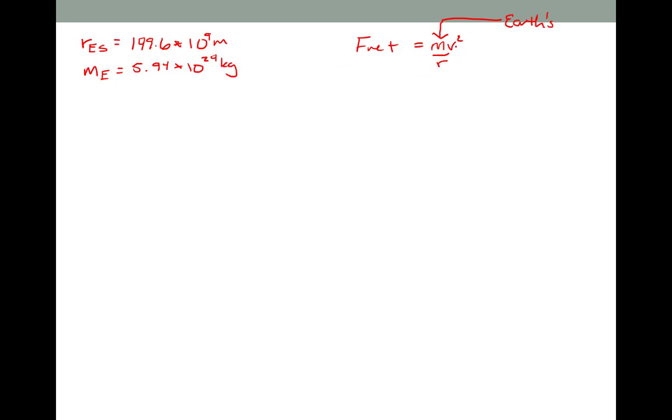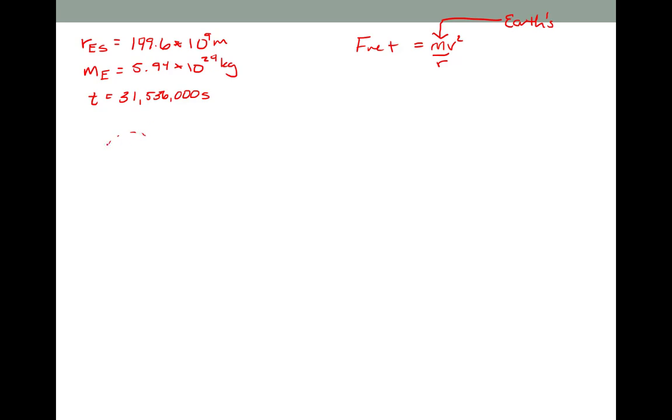To do this calculation, we need to know the speed with which the Earth orbits, which we don't have at the moment. What we do have, however, is the time, which was 31,536,000 seconds. And we know we're approximating the orbit as moving in a circle at constant speed.